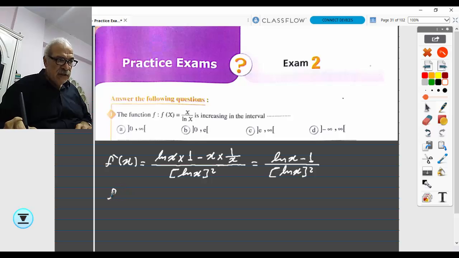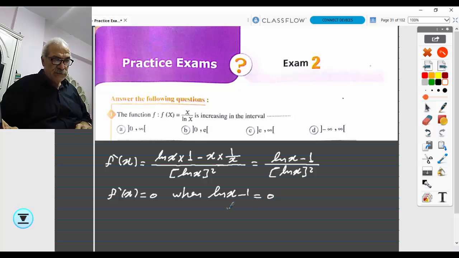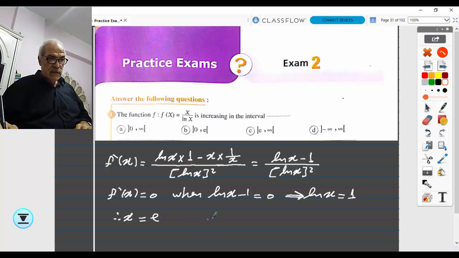And f dash of x equals 0 when the numerator equals 0, when ln x minus 1 equals 0. So ln x equals 1. It means x equals e, as ln e equals 1.